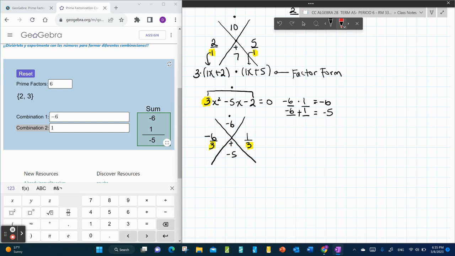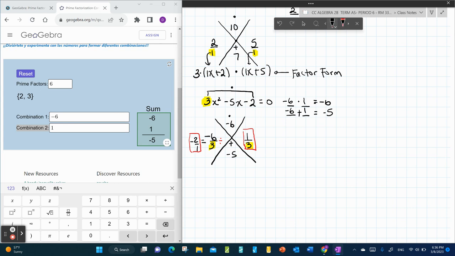Now what happens is that here I now have to divide if possible. And I learned that negative 6 divided by 3 is the same as negative 2 over 1. The 1 over 3, well, that gives me a decimal, so I can't really divide it. So I'm actually going to use this answer and this answer. So how am I going to use it?